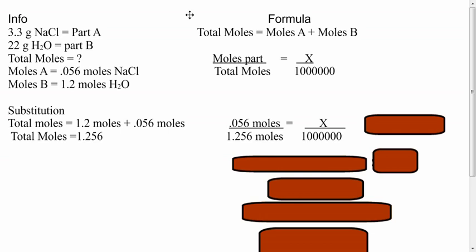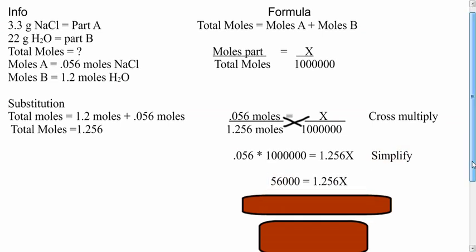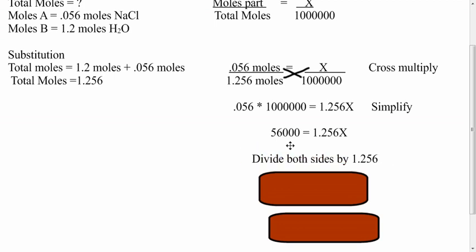And the first thing I want to do is cross multiply, and to cross multiply I really am multiplying these two terms, and I'm going to get 0.056 times a million equals that times x, and then I would simplify. Now the next thing I want to do is divide both sides by the number next to x.